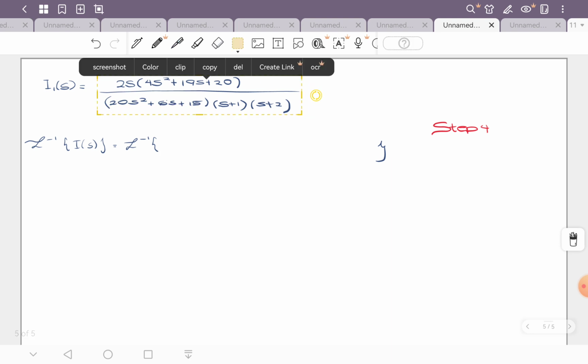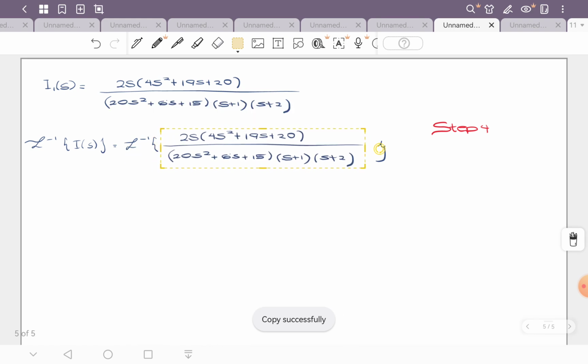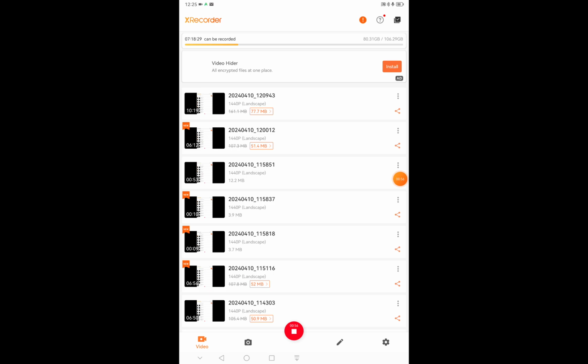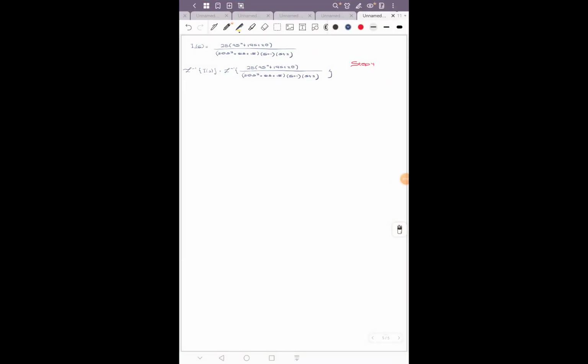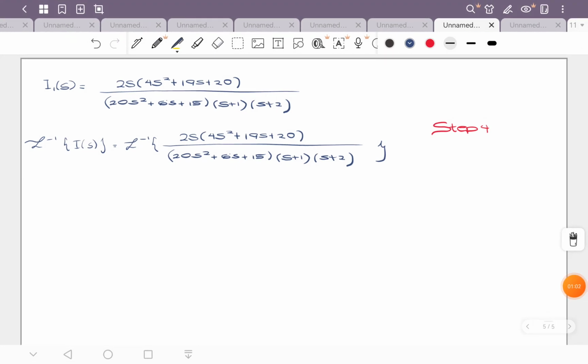The inverse Laplace of I of s is I of t. So I of t equals the inverse Laplace of this term.